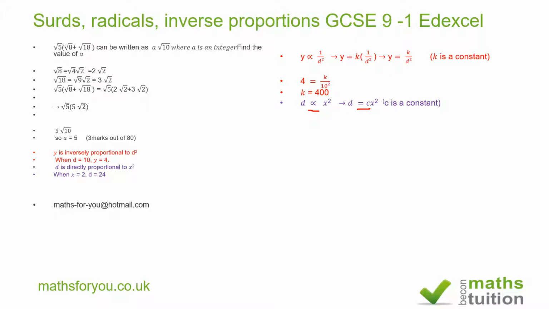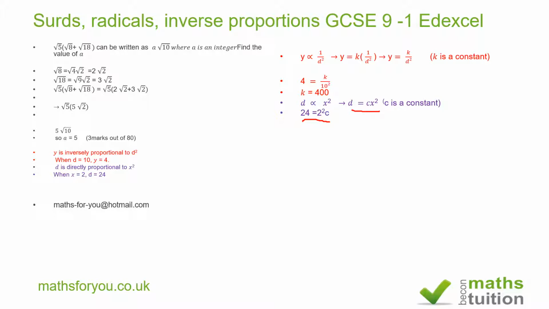So now we have 24 is equal to c times 2 squared, because x is 2, where c is a constant. Note the similarity between this bit and the previous one.